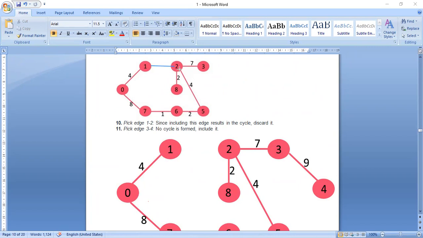Yes, a cycle is formed. That is 1 to 2, 2 to 5, 5 to 6, 6 to 7, 7 to 0, 0 to 1. It will not become a minimum spanning tree. So I should discard 1, 2. The edge 1, 2, I will not add to the given spanning tree.